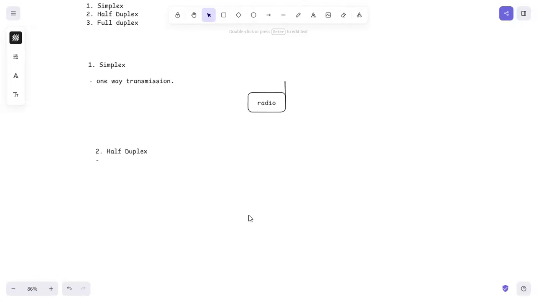So two-way, but not at the same time. Walkie-talkie is the best example.